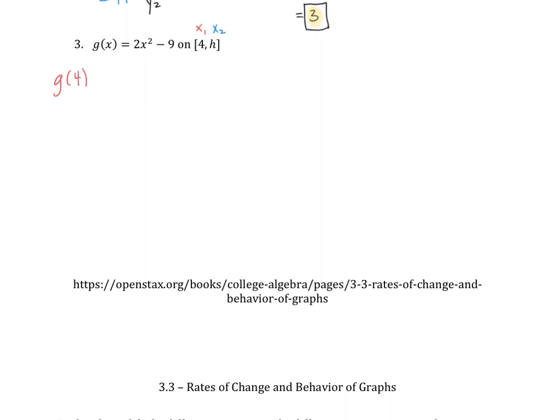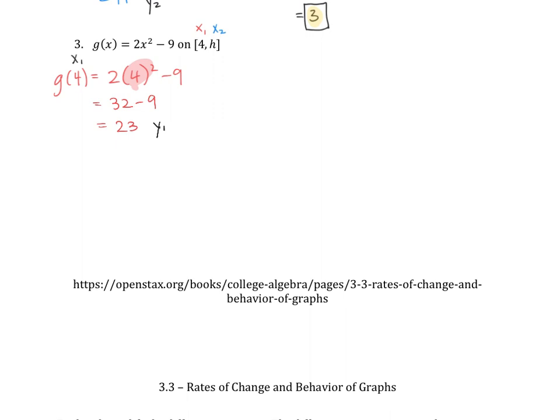So g of 4 equals 2 times 4 squared minus 9. So we're going to do the exponent first. So 4 squared is 16 times 2 is 32. And then 32 minus 9 is 23. So since this was what I called x1, this is going to be y1.